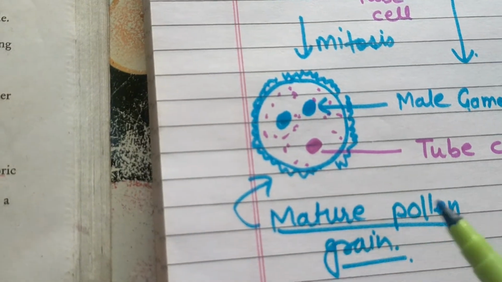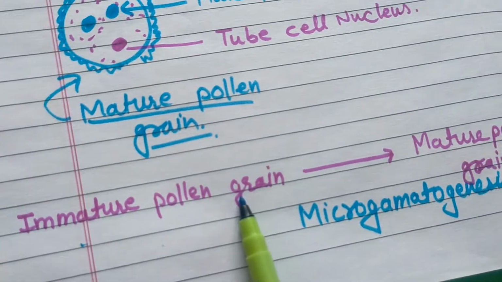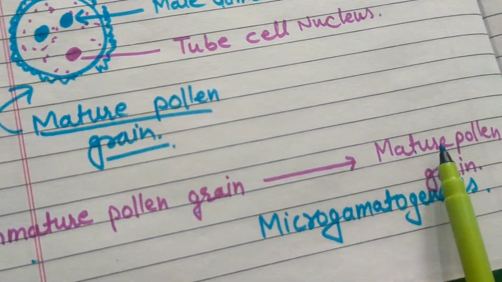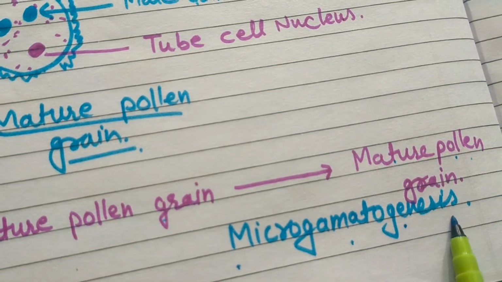The process by which the immature pollen grain develops into the mature pollen grain is called microgametogenesis.